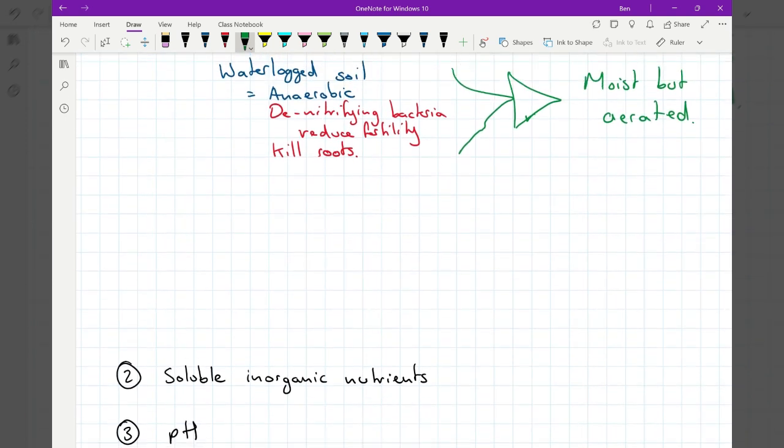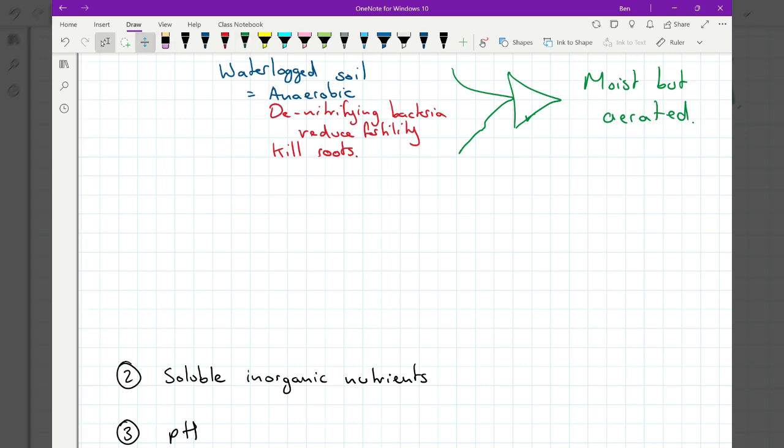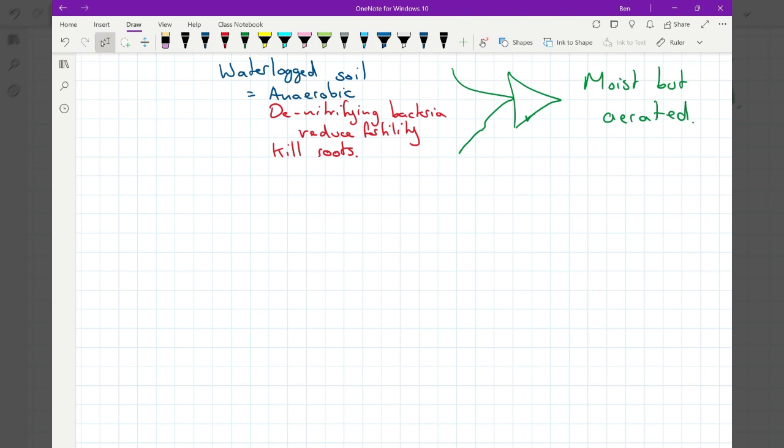All right, and the water in the soil falls into a couple of different categories.